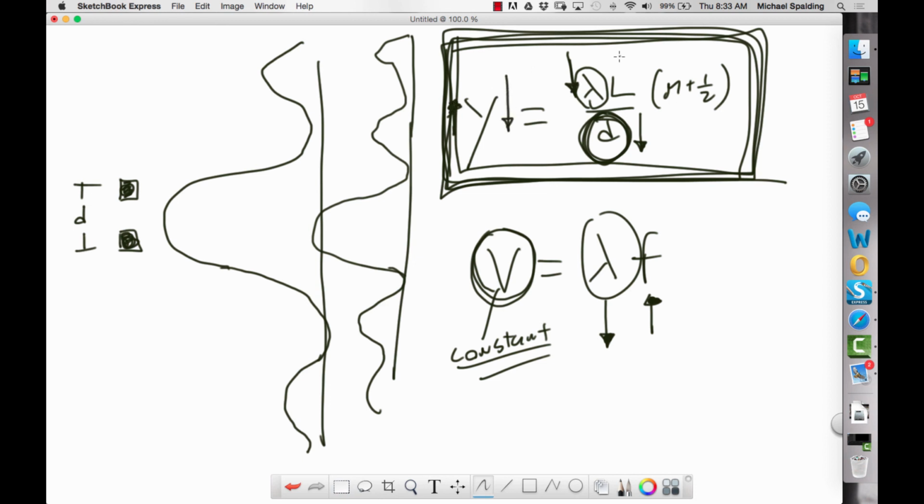It must decrease. So the answer is the interference pattern is going to smush together, right? Instead of looking like this, everything's going to get closer together. So instead of being that far apart, it's going to be closer.